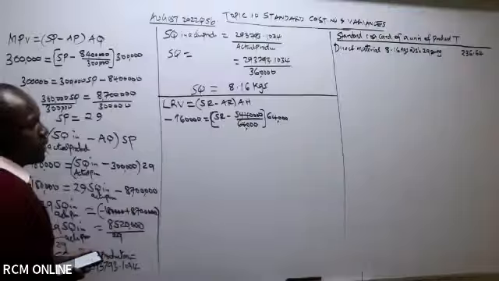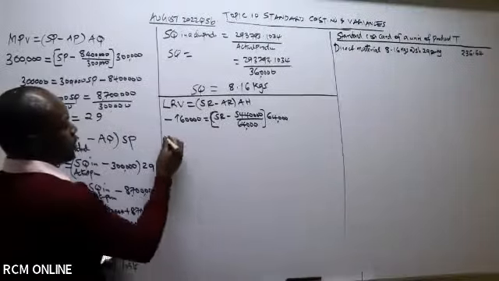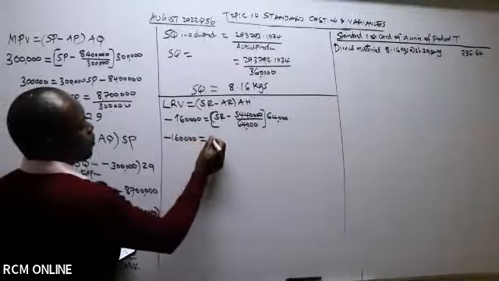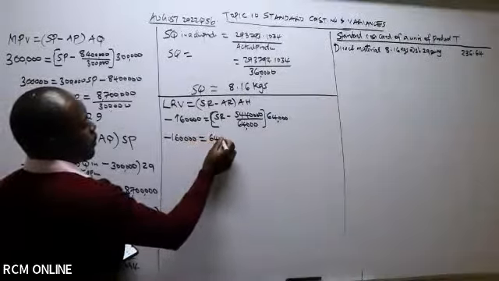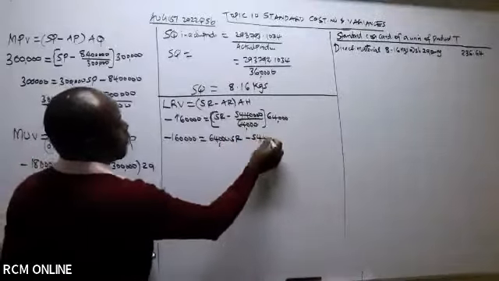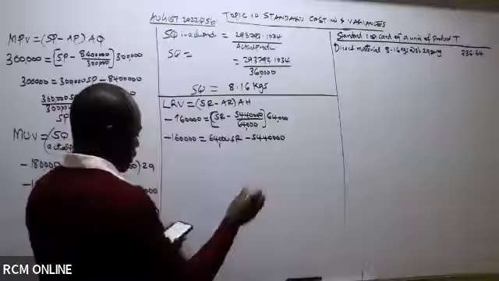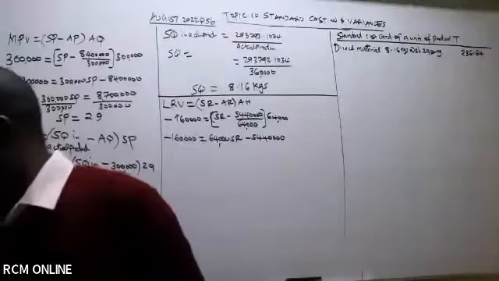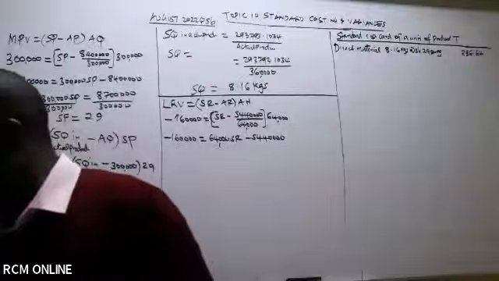Now let people do the calculation. It is equal to 64,000 SR minus 54.40 million. Good. So can you give me the answer there?